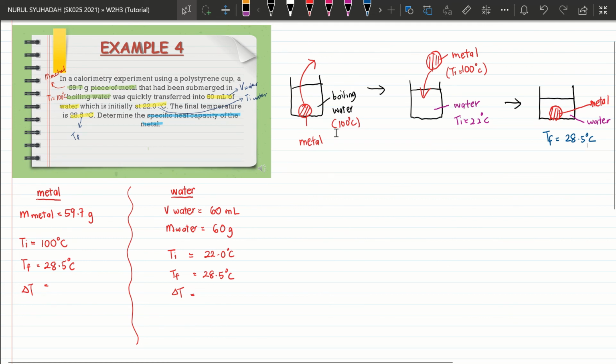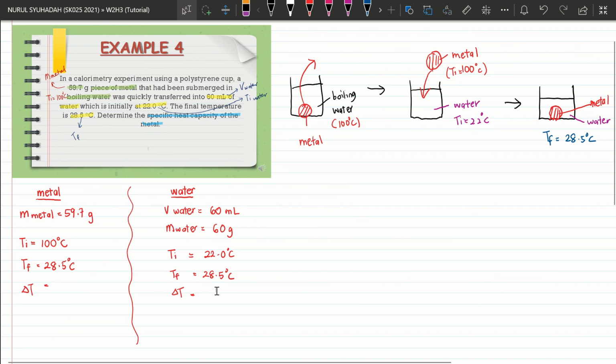This is the first part, where a metal is submerged in a polystyrene cup that contains boiling water, and then the metal is transferred into another cup that has water at 22 degrees Celsius, and the final temperature of the metal and the water is 28.5 degrees Celsius. So we will write down the final temperature. I already wrote it down here.